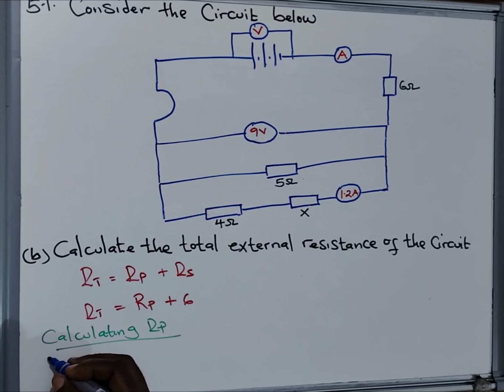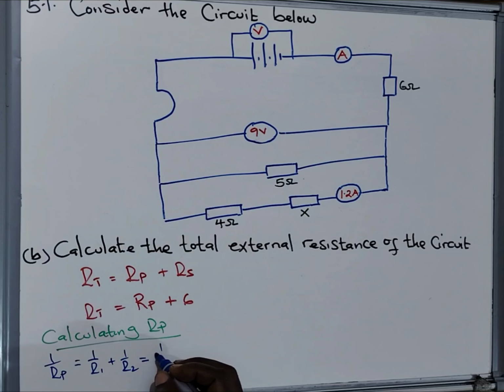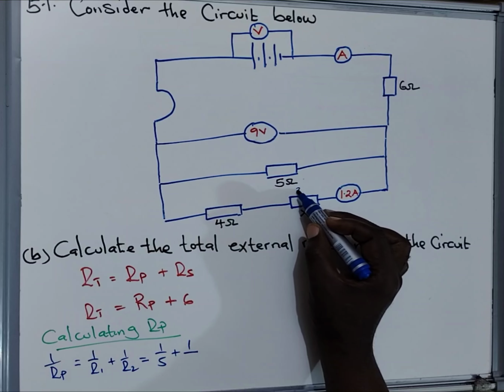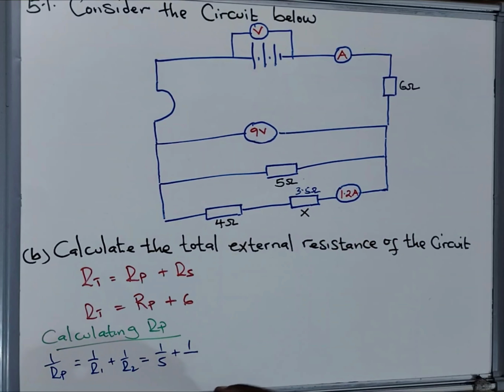We need to remember that 1 over RP is equal to 1 over R1 plus 1 over R2, giving you 1 over 5 plus 1 over, we have to remember that we got this as 3.5 previously.